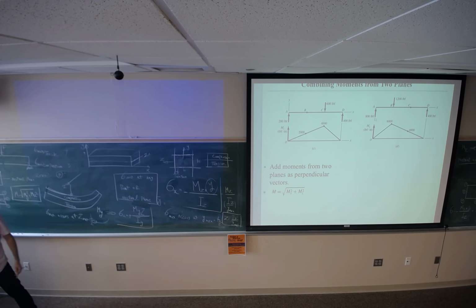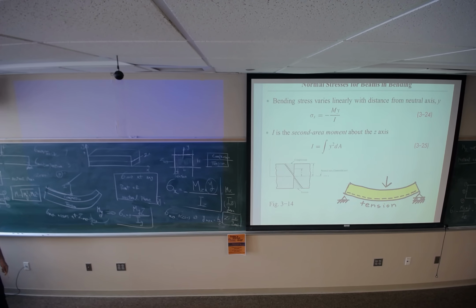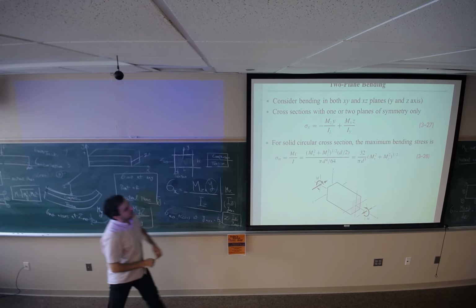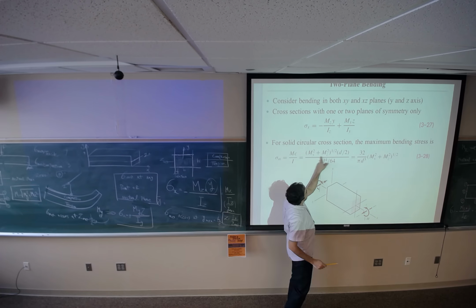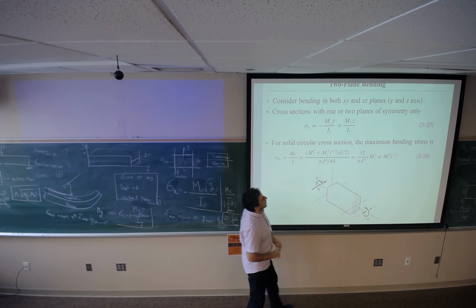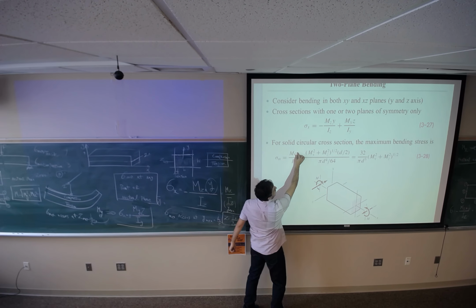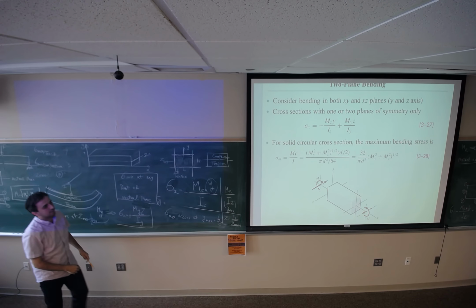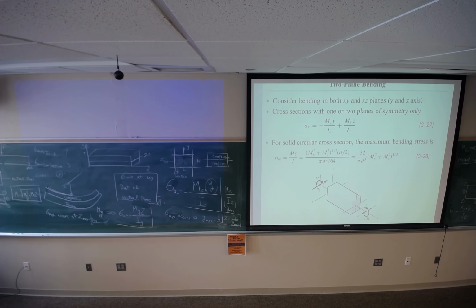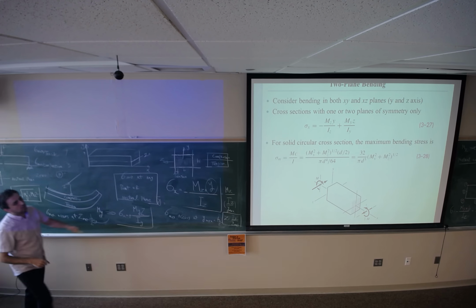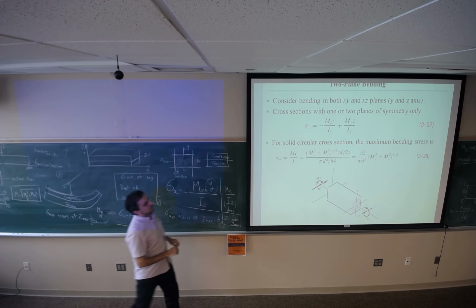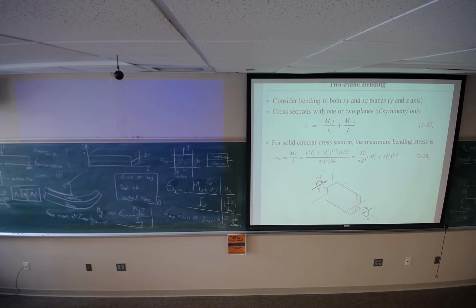After we find it, we look at the other values, which are c, half of the diameter, and I, which we know is pi times d to the power 4 divided by 64. So for a non-circular cross section, we use this; for a circular cross section, we use this equation.